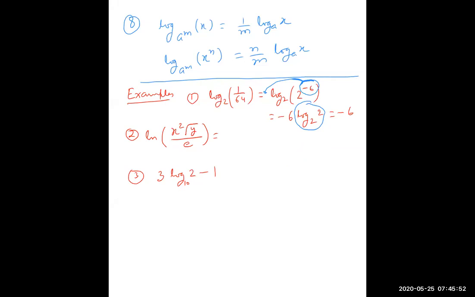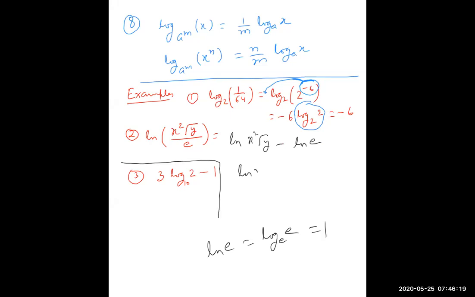So second number, see. Second number we can write first log A upon log B is log A minus log B, quotient rule. So this is ln of x square under root y minus ln e. And what is this ln e? Ln e is nothing but 1. So now you have to use your product rule.